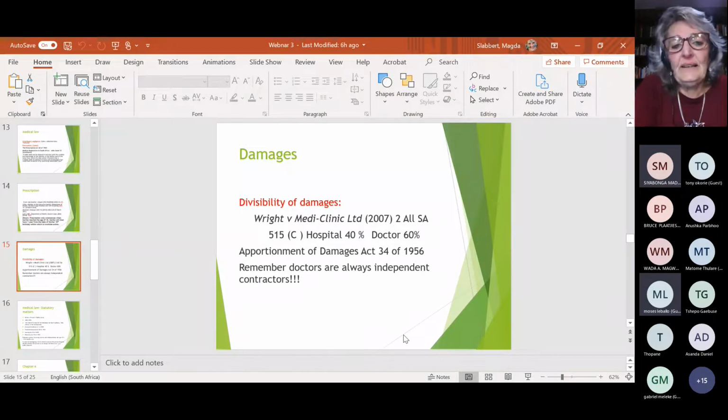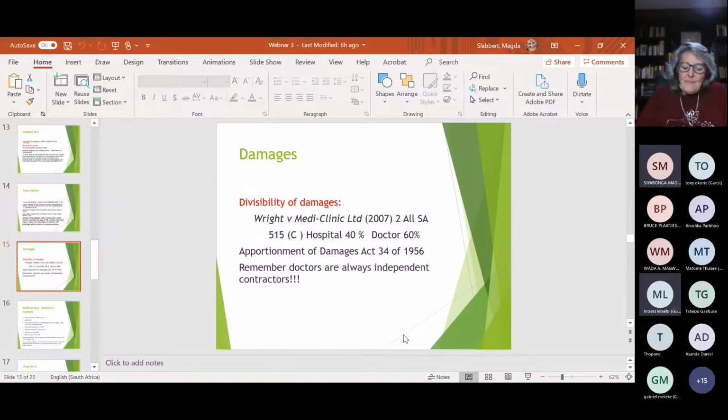Then there is also something like divisibility of damages. That is where something went wrong. The doctor did something, but the hospital staff also. Remember, I said from the very beginning that doctors are always independent contractors. They are not employees of a hospital unless they are working in the public sector.